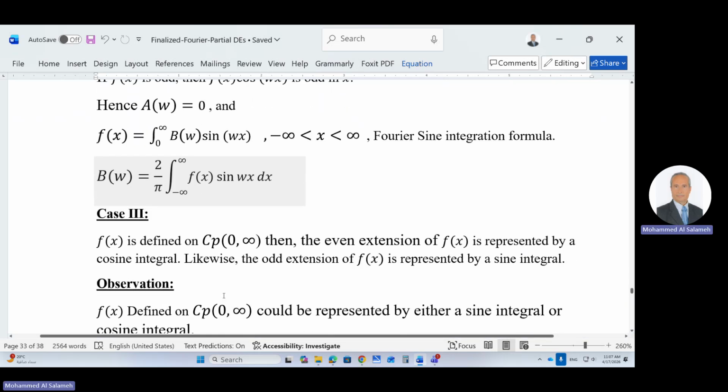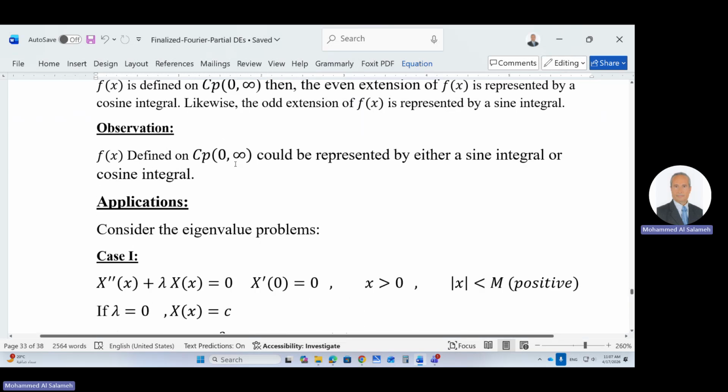If f of x is defined on the piecewise continuous interval from 0 to infinity, then the even extension of f of x is represented by a cosine integral. Likewise, the odd extension of f of x is represented by a sine integral. Observation: f of x defined on the piecewise continuous interval from 0 to infinity could be represented by either a sine integral or a cosine integral.